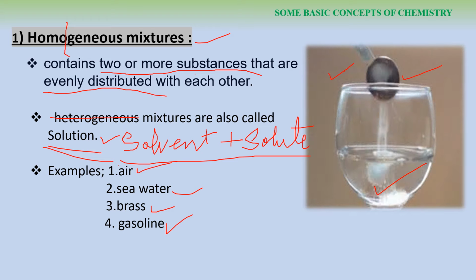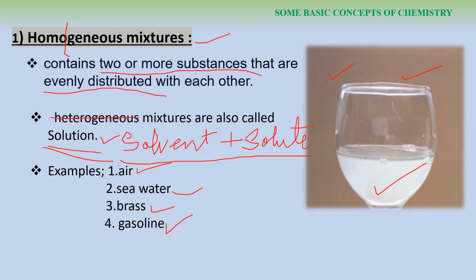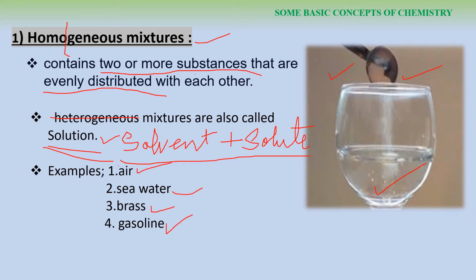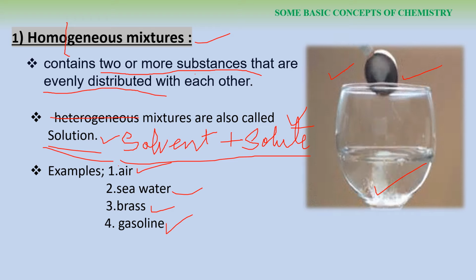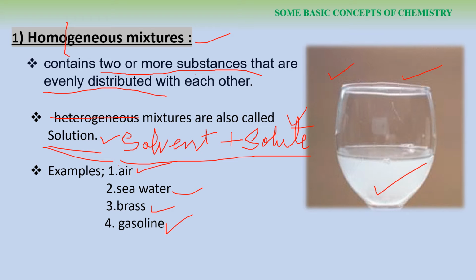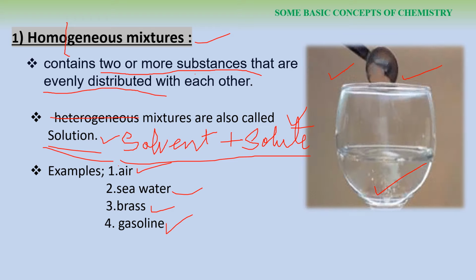Yes, water is the solvent. Why? Because it is dissolving other substances in it. Salt is a solute. Why? It is dissolving in other substance, dissolving in water. Same thing you can take in the case of sugar plus water. So water becomes solvent and sugar becomes solute, right?